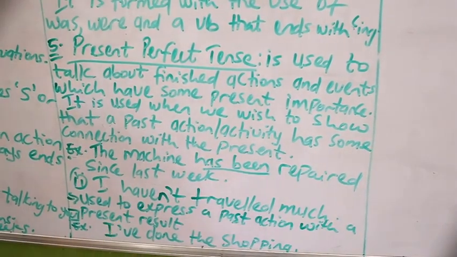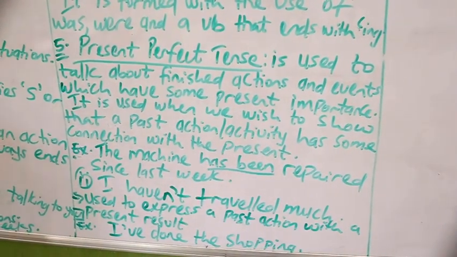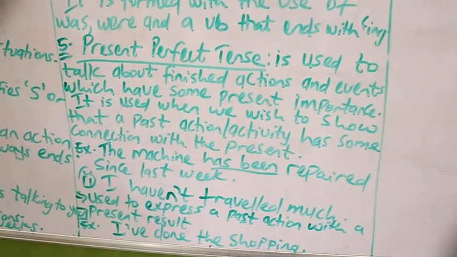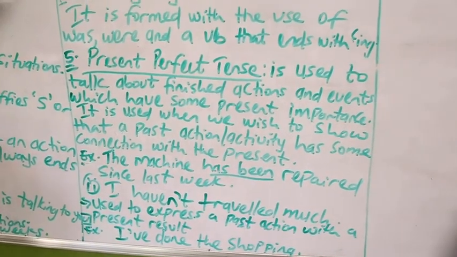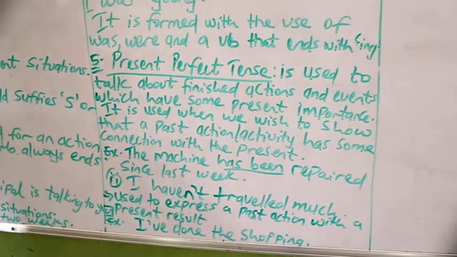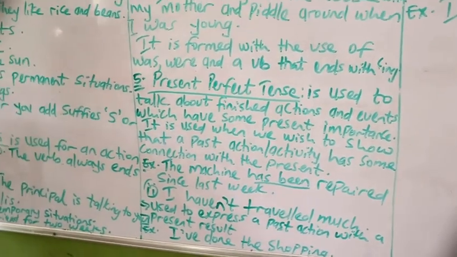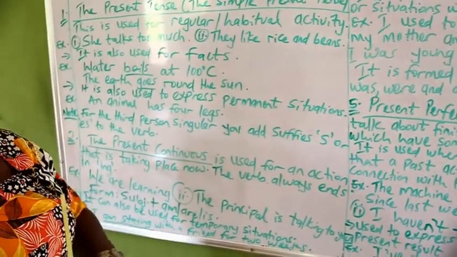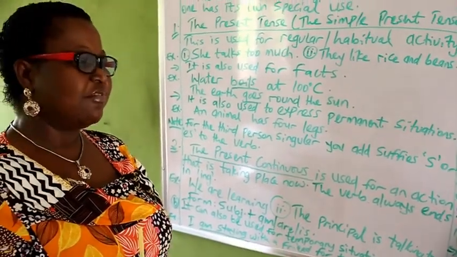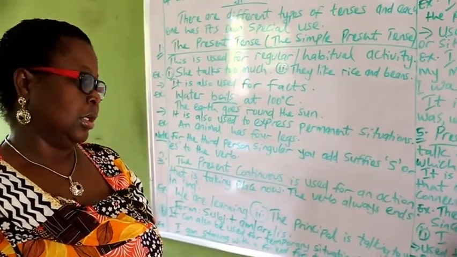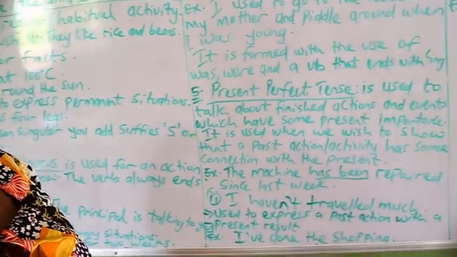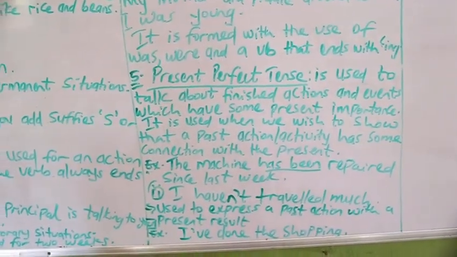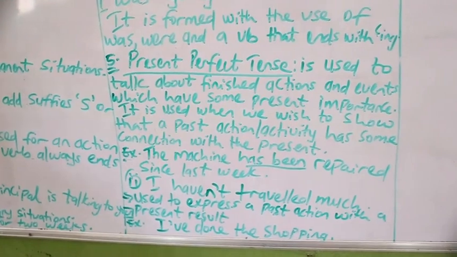I haven't traveled much. We can as well use present perfect tense to talk about one's life experience. One's life experience still continues. It's not finished yet. So I've traveled to so many places, but I haven't traveled much. Then we also use it to express a past action with a present result.